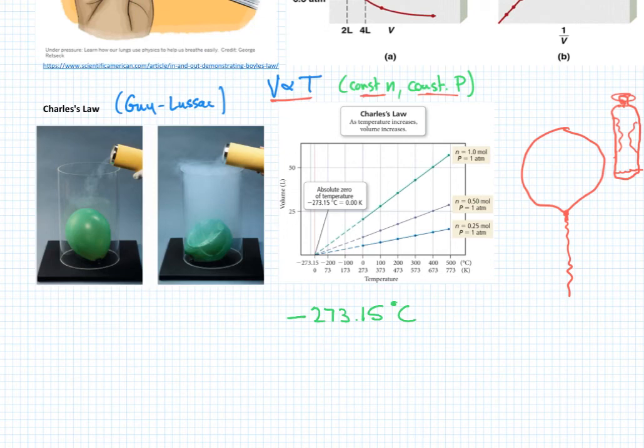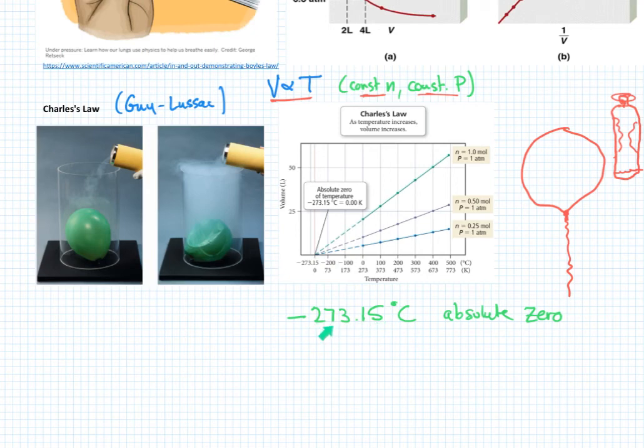What that is telling us is there is a temperature below which we cannot go. That temperature is called absolute zero. And that is the coldest temperature we're allowed to achieve. This experiment actually was the first indication that there was an absolute zero. Now look, we now have tools which allow us to measure things around absolute zero.